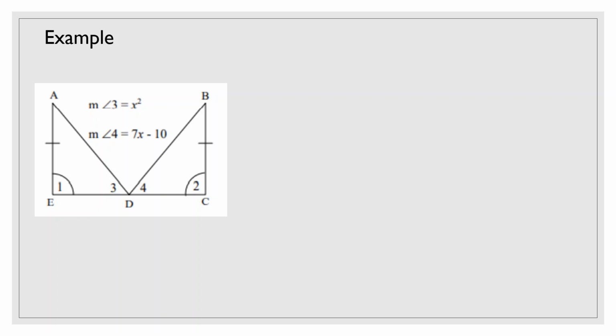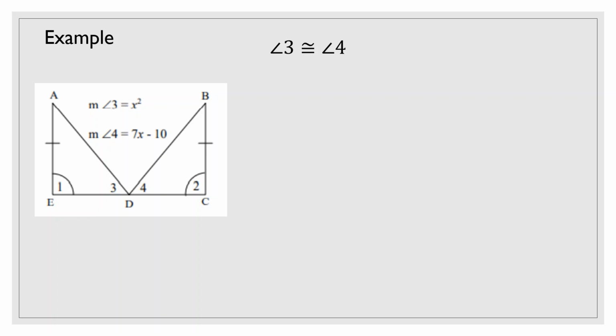Since we have there using tick marks on AE and BC are congruent, angle 1 and angle 2 are congruent. So, when we pair these two triangles, makikita natin that angle 3 and angle 4 are corresponding angles. So, corresponding angles are congruent, so we can say that angle 3 is congruent to angle 4.